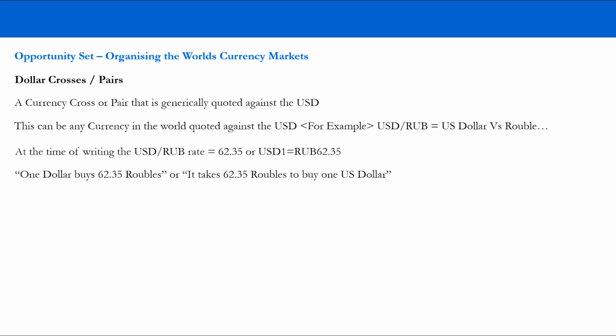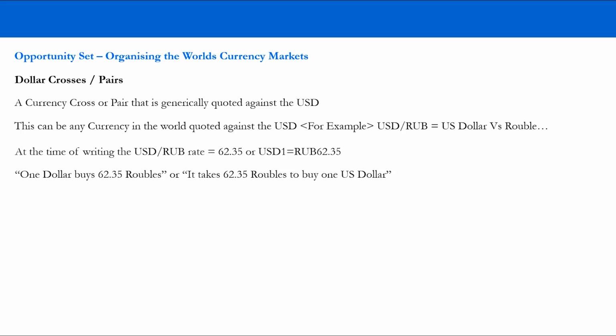And the generic one is against the US dollar, because the US dollar is the world's reserve currency. So what you're going to find a lot of the time is everything is quoted against the US dollar, or it's quoted repeatedly against the US dollar.